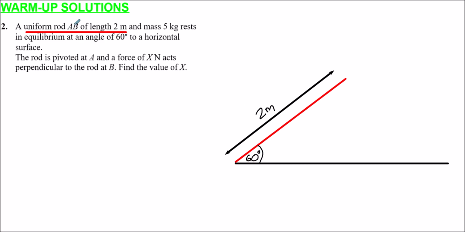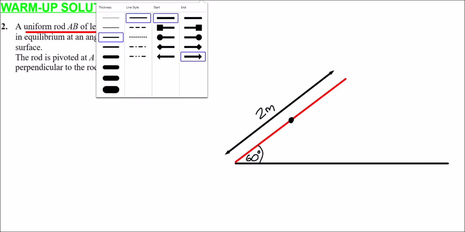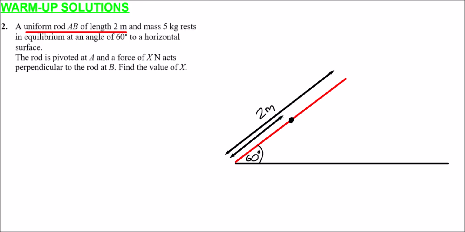If it's uniform, we can assume that the weight is evenly distributed, so the centre of mass can be taken to be acting from the middle of this rod, like so. And so, if full length 2 meters, then the centre of mass we can take to be acting at the halfway point, which is just 1 meter up from where it's being pivoted.